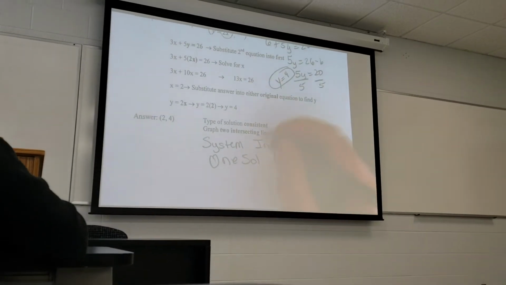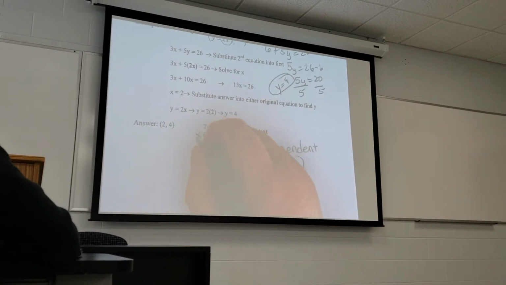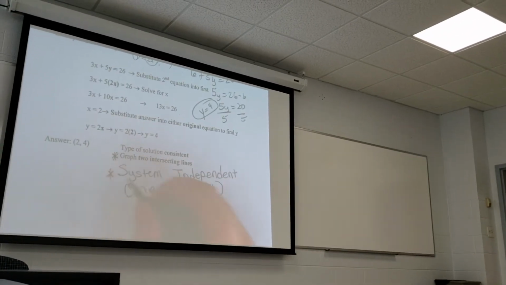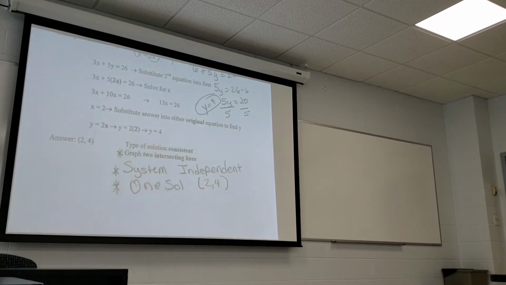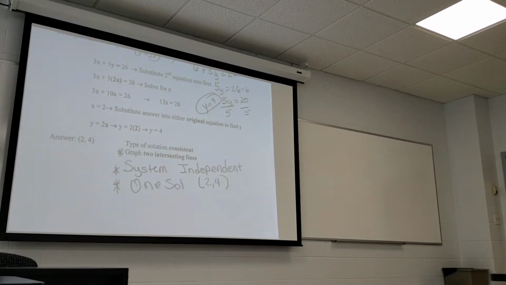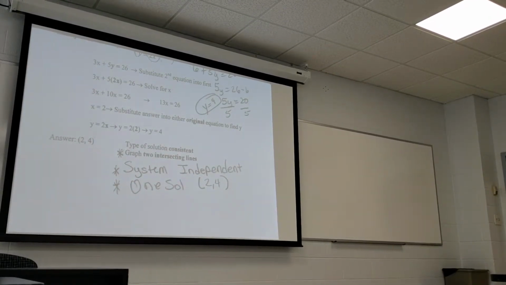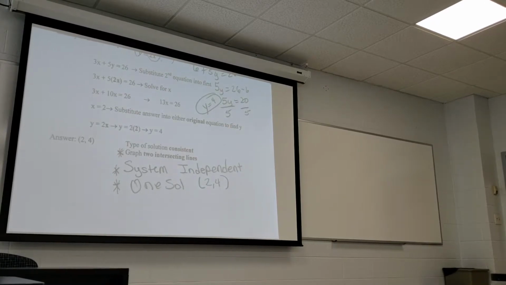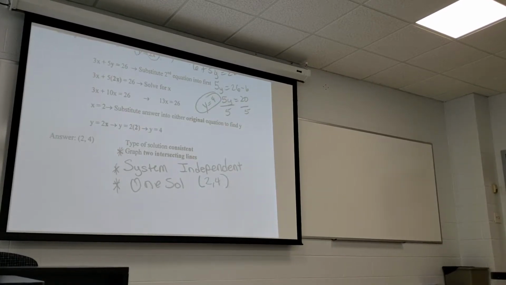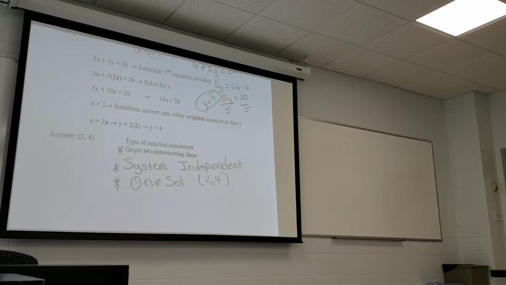What I want you to know is that the graph is two intersecting lines, what the system is called, and how many solutions. If it has one solution, I'll ask what the solution is. You just write it as a point, hopefully in parentheses.